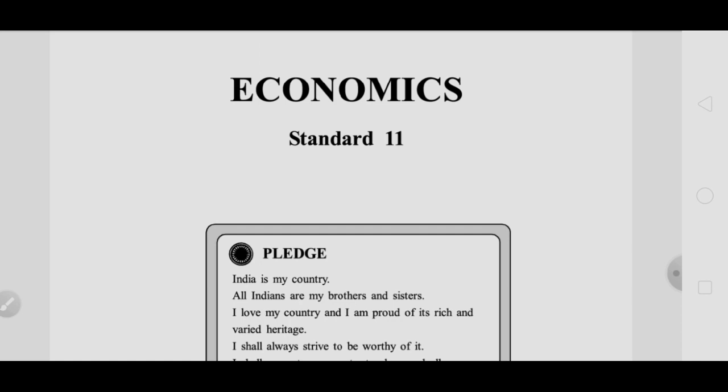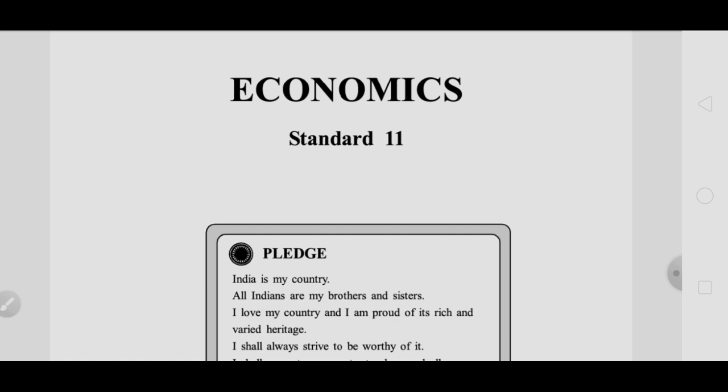The question that comes to our mind is: what is economics? Economics comes from the word oikonomia. It is a Greek word and is used for denoting economics as a subject matter.